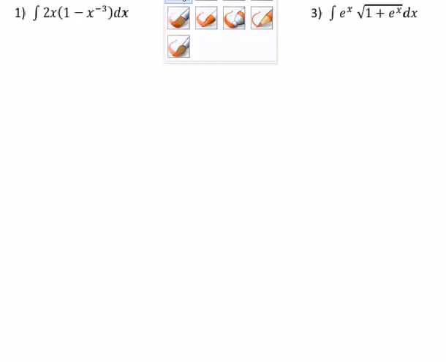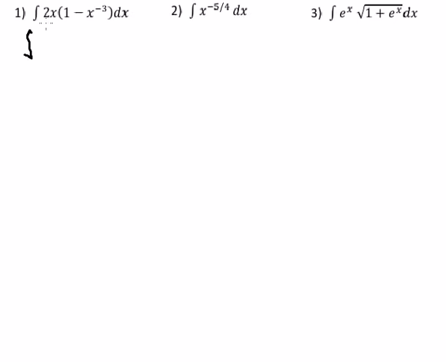So now I will answer number 1. The integrand is x to the power of negative 3. So you get x squared, minus, we have x to the power of negative 2.